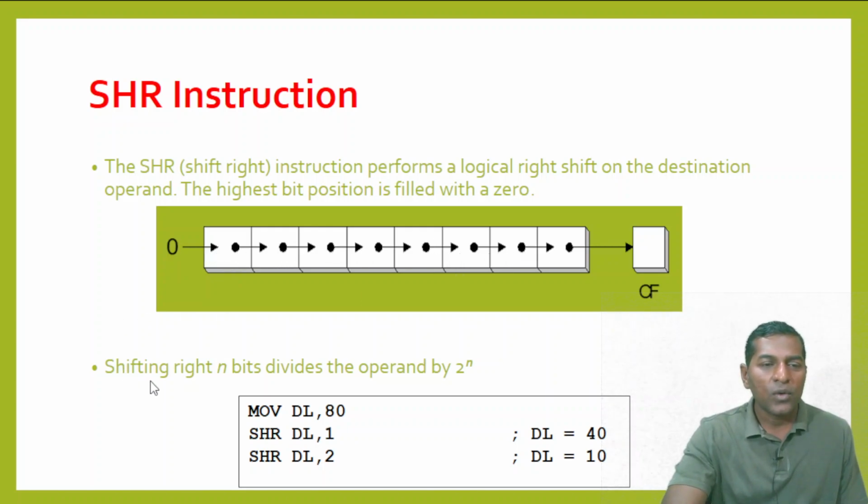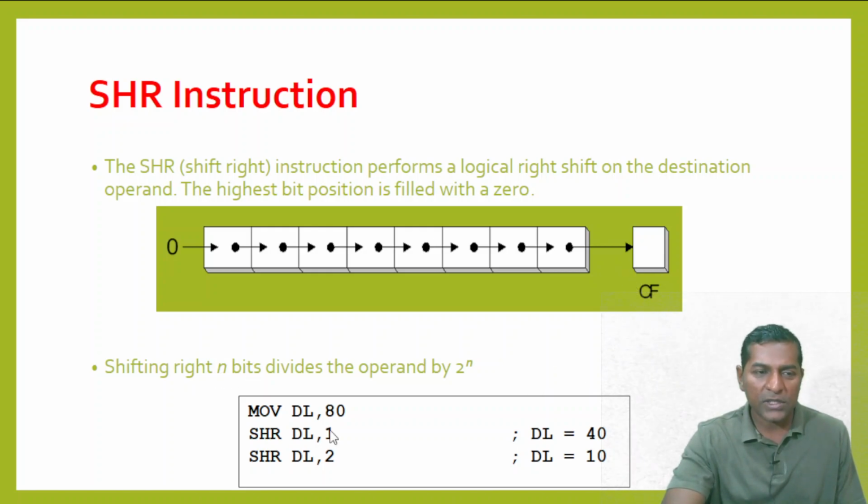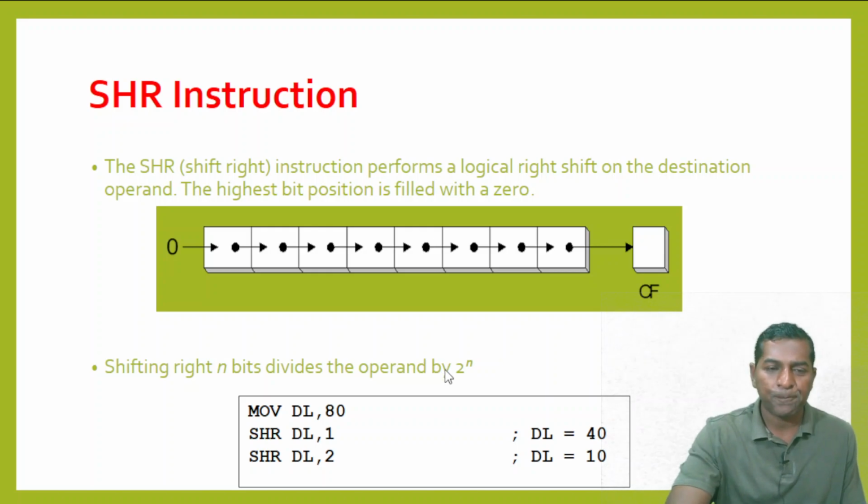This is how, when we shift the content, the bit shifted out goes to the carry flag. Then MOV DL, 80, where 80 is the information. Shifting right n bits divides the operand by 2 to the power n.